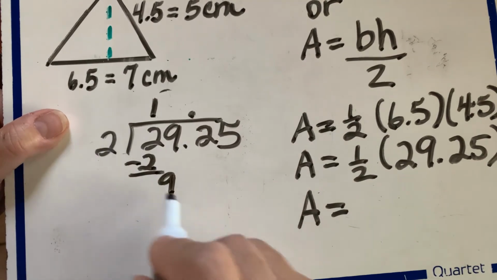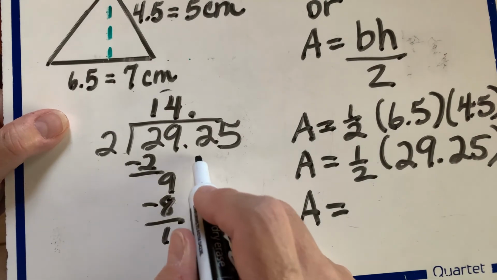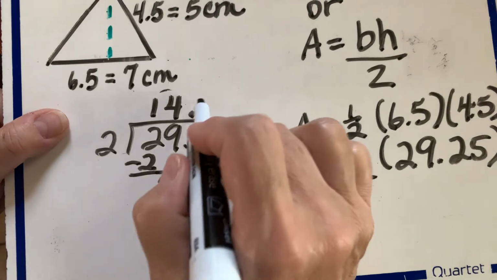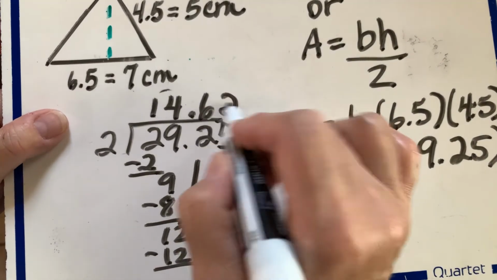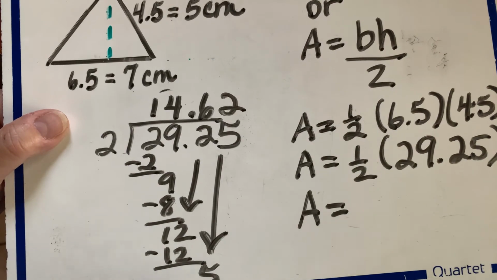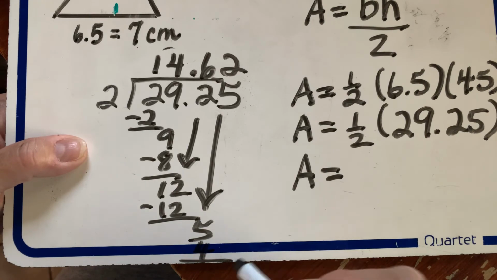Bring down your 9. 2 goes into 9 4 times, which is 8. Subtract. Bring down the 2. That's going to be 6, which is 12. Bring down the 5, which is going to be 2, which would be 4. Ooh, I went off the board. And that would be 1 left over, right?